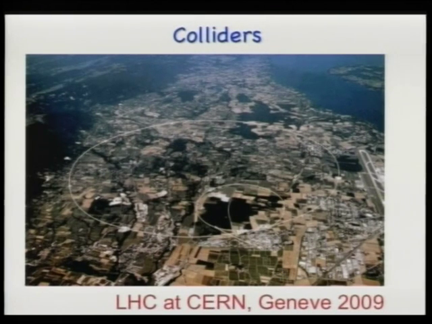Here, just for comparison, you see this is the airport of Geneva. This is all the CERN campus. And you can imagine how energetic these particles are, because they do 11,000 turns per second. So each second, these particles do 11,000 turns along 27 kilometers. So you can imagine the energy that they have when they collide with each other.